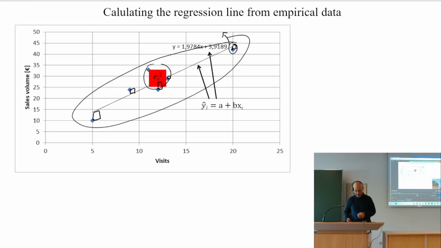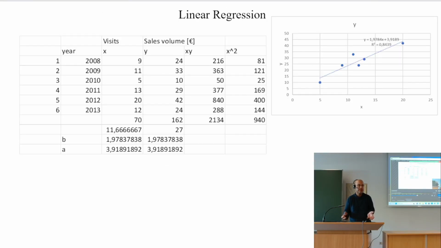Because of course, this regression I can do for every data set. This could also be a data set where the data points are dispersing very much around anywhere. And then I want to have a measure of whether it is reasonable that I am doing this analysis.